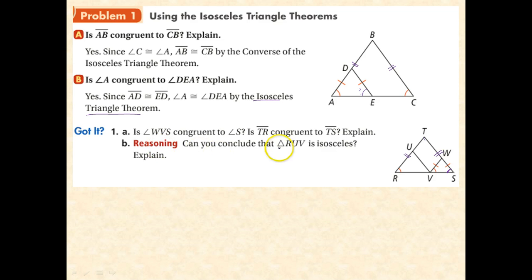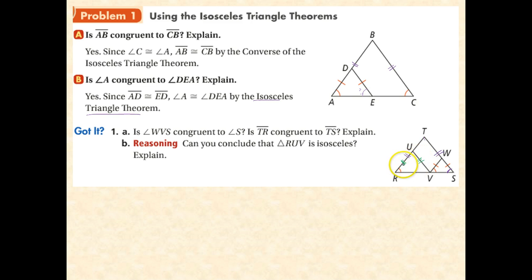How about this one? Can you conclude that triangle RUV is isosceles? Okay, so in order for triangle RUV to be isosceles, we would need to have two congruent legs. So that means that we would need to be able to say that segment RU is congruent to segment UV.